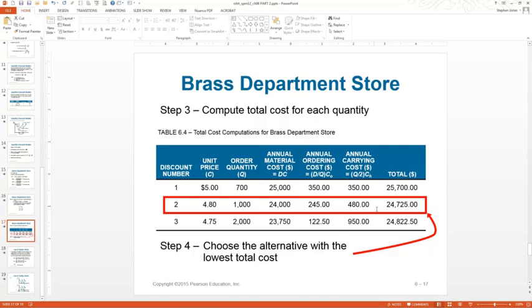What it comes out is that, yes, taking a discount is good, but you don't save money by ordering 2,000, because while the ordering cost per unit goes down, you have almost doubled your carrying costs, and that throws this whole thing out of whack. This discount here is not enough to overcome the doubling of your carrying costs.